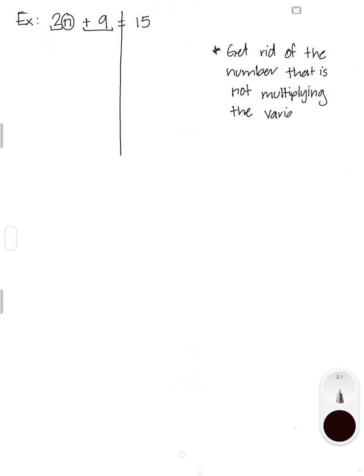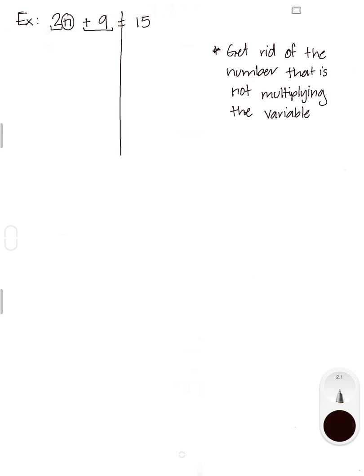And the reason is, it's like thinking about getting rid of a friend or of a spouse. So positive 9 is like a friend, and 2 is like the spouse. It's easier to get rid of the friend than the spouse. So we want to get rid of that positive 9 first, because if we get rid of the 2, right, we will have to divide.